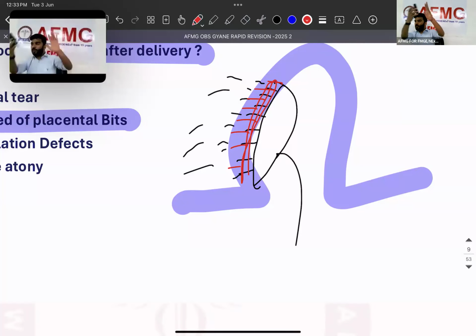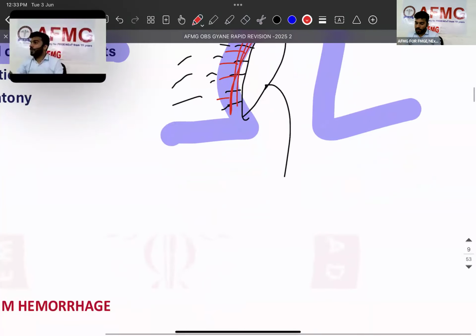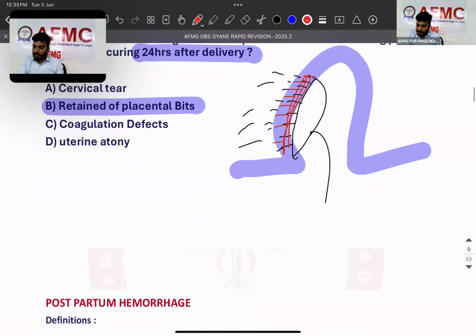Now, when I try to separate this placenta, if the patient is having an adherent placenta, along with the placenta, what is coming out? The uterus is coming out. Why? Because the placenta was invading so much inside, I was not able to deliver it. That's why, along with the placenta, the uterus is coming out. So this is before the placental separation.